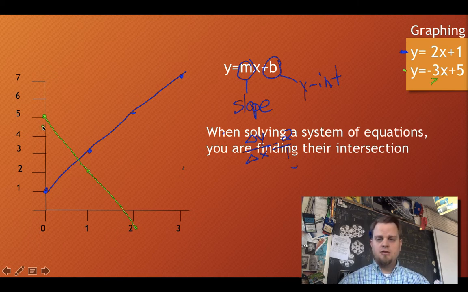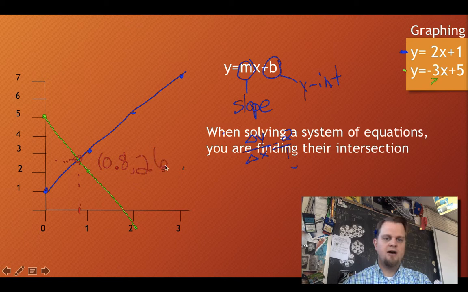Alright, so now, the whole point here is that there appears to be a little spot where the lines intersect, and I bet we could estimate what that is. That looks to be about 0.8 and about 2.6 or so. Oh, wow. Look at that.